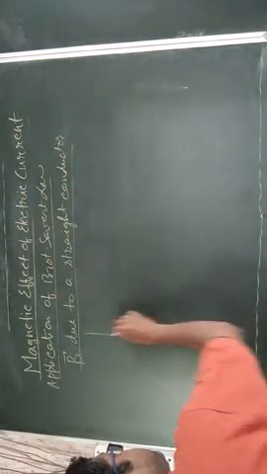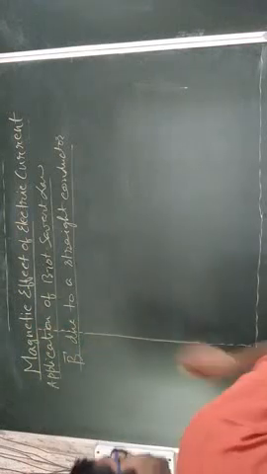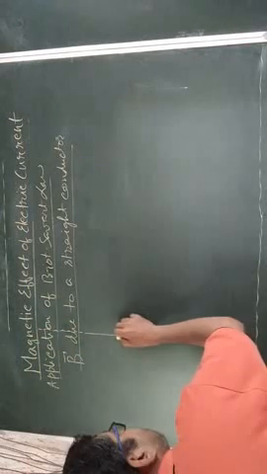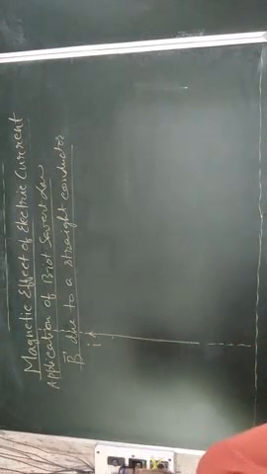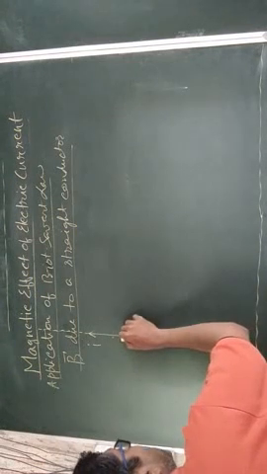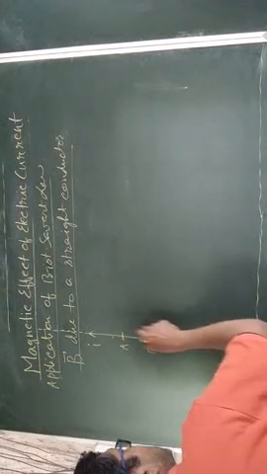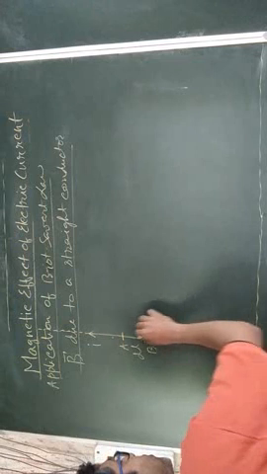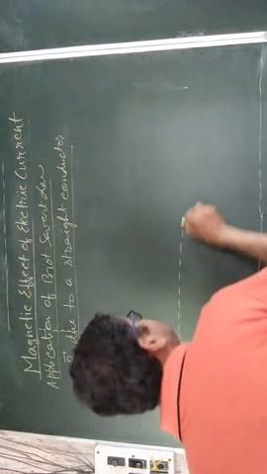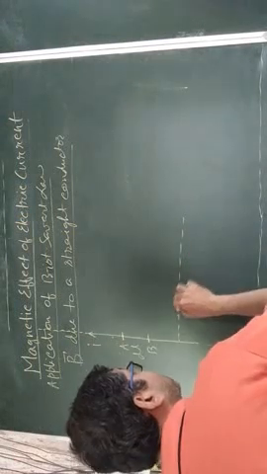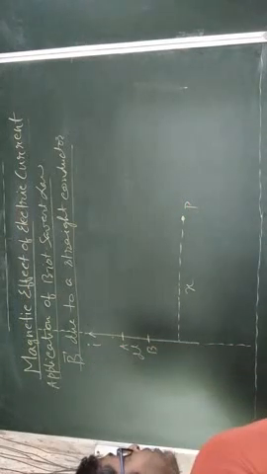If there is an infinitely long conductor, suppose it carries a current I and we consider a small element like the previous discussion of length dl, and from this conductor at a distance of x, a point P is considered where the magnetic field is to be derived.